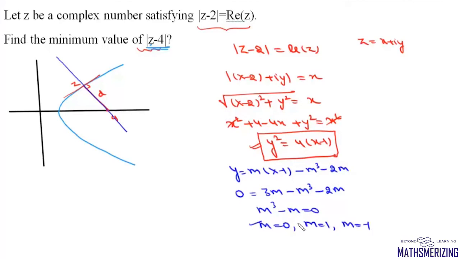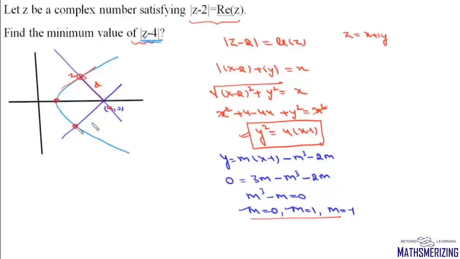Now 3 normals can be drawn from this point (4, 0). We need to find the shortest distance from this parabola. So we'll write the foot of all the 3 normals. So we know that the foot of normals is given by (am square, minus 2am) for a parabola which is y square equals 4ax.